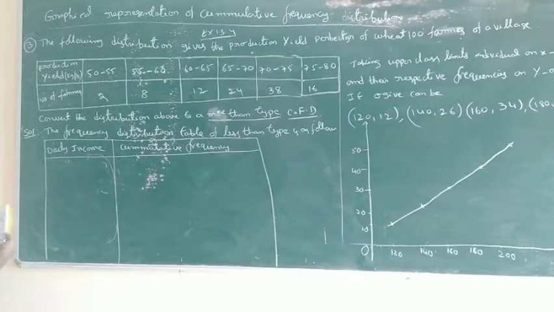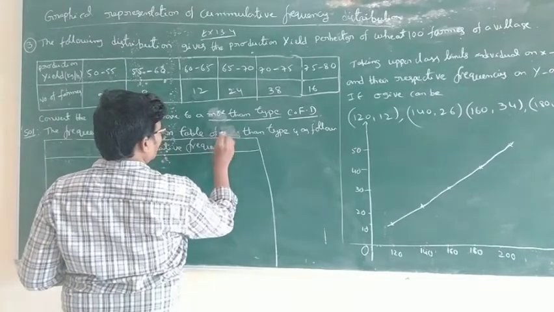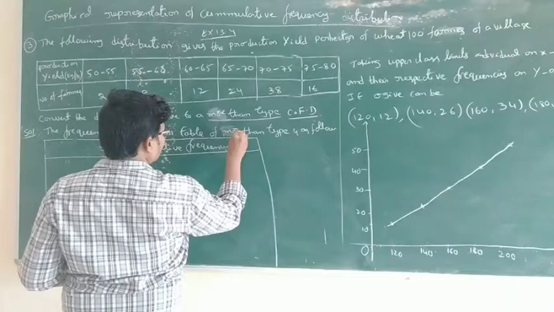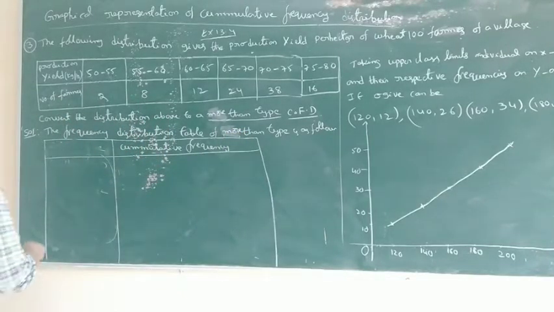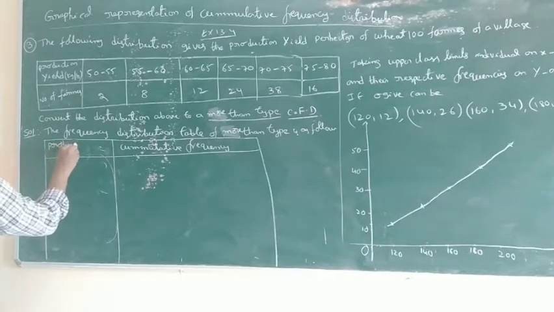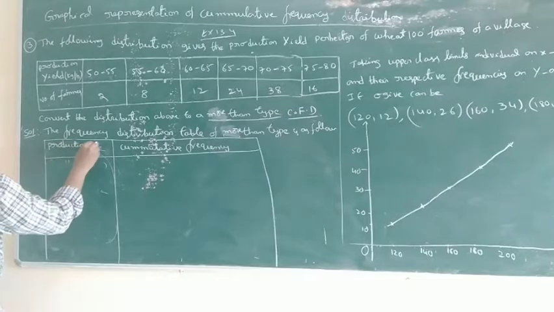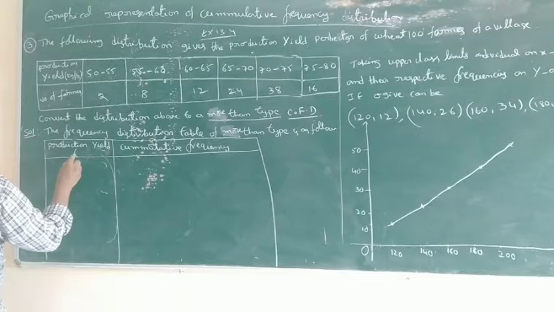So the frequency distribution table of more than type is as follows. This is the solution. Production yield in kg per hectare.